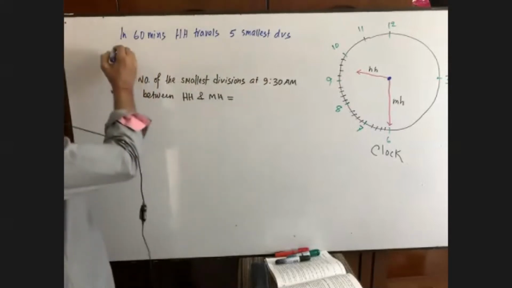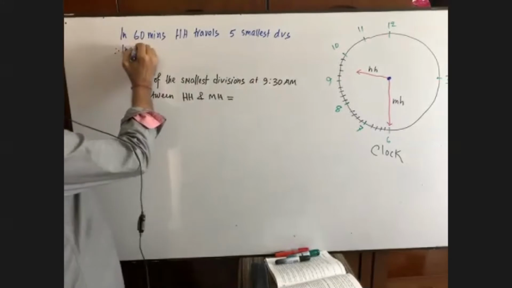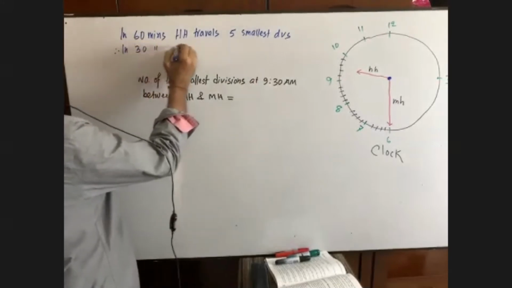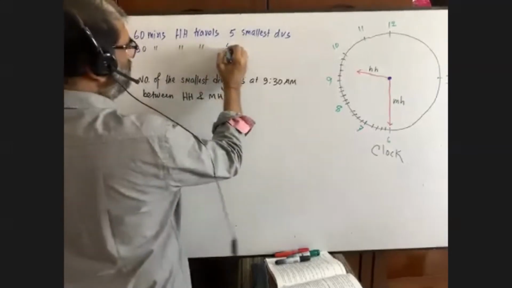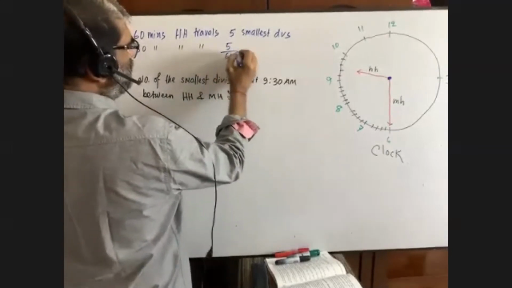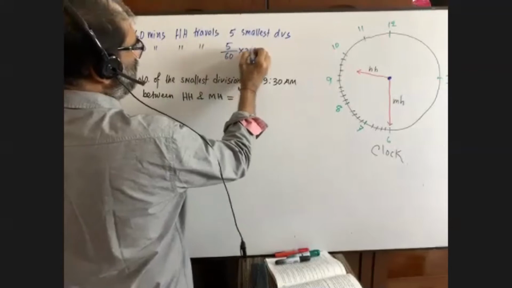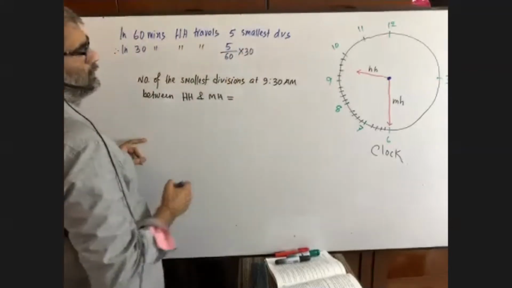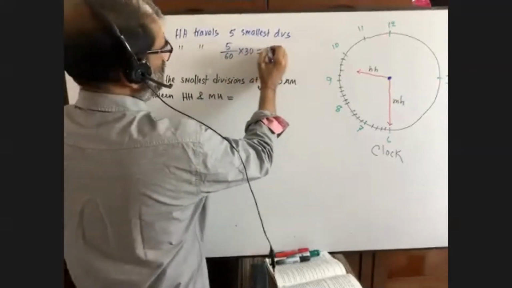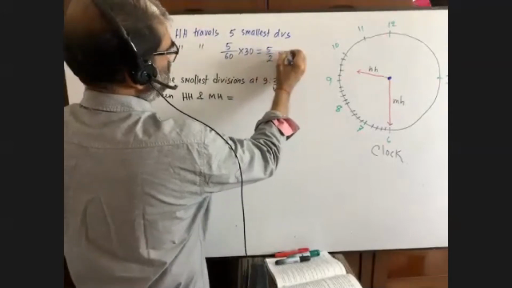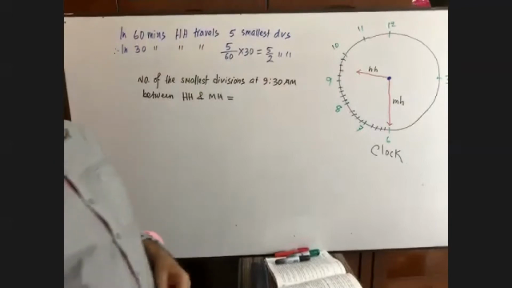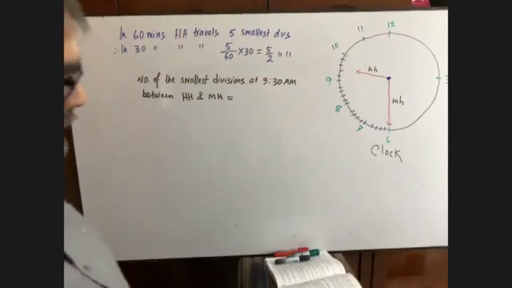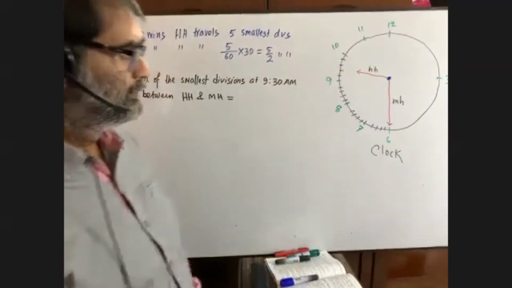Therefore, in 30 minutes, our hand travels 5 by 60 into 30 equals to what? 5 by 2 smallest divisions. At first, you have to have this function. Can you please talk to me, all of you?